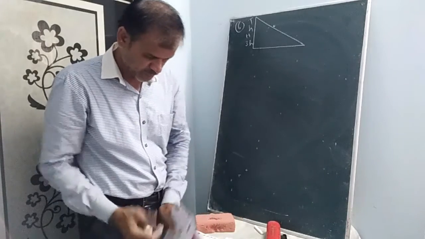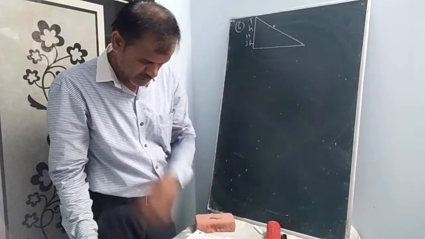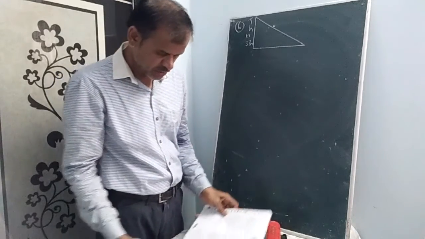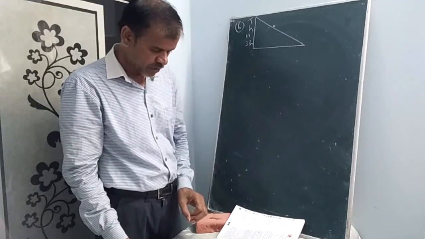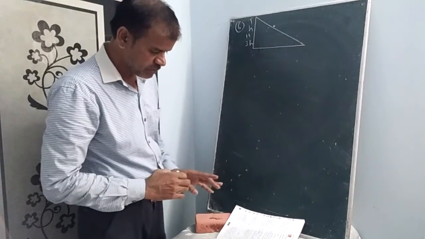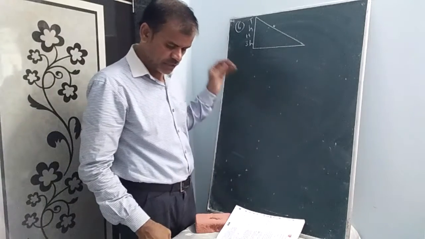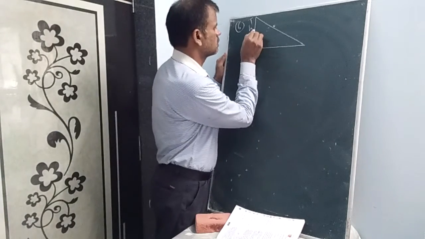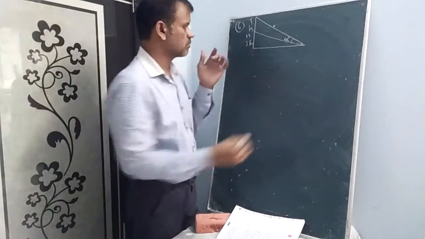Next one. The tower is found to subtend an angle alpha, where alpha is tan inverse 1 by 7, at a point 2 km away from the foot of the hill on horizontal ground. The tower is making alpha, as in a previous sum.